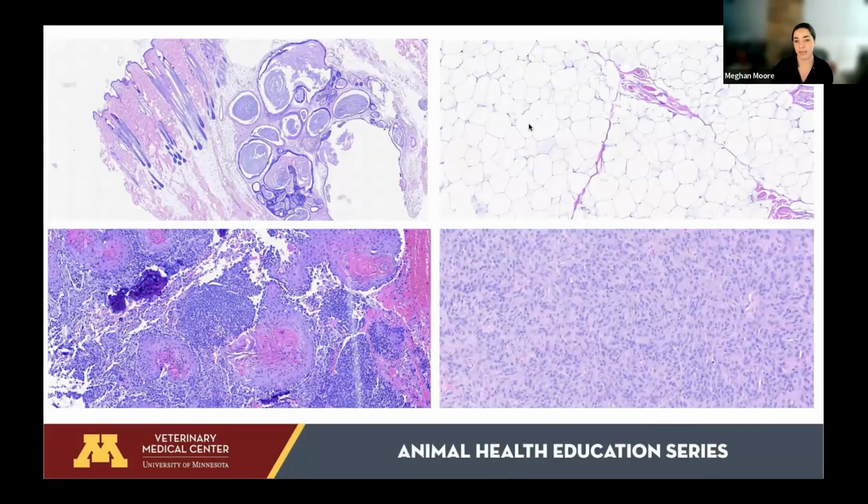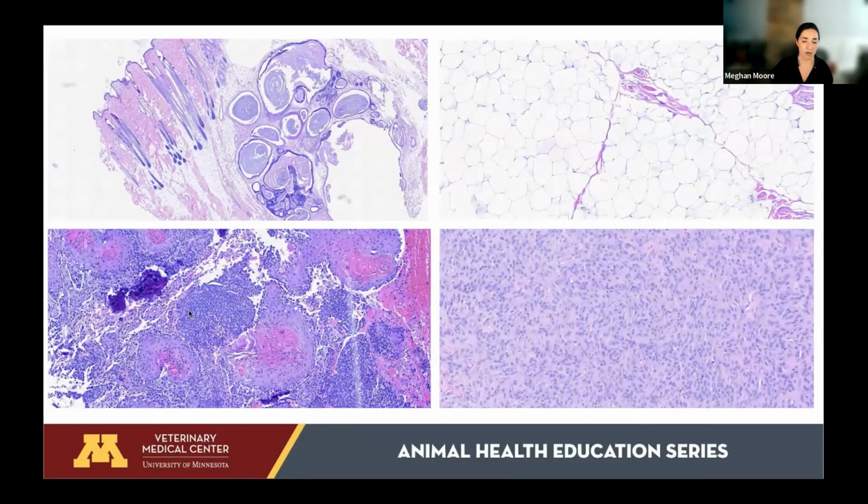You may have heard of lipomas. They are benign fatty tumors, basically a tumor of fat, and all of those round clear cells are actually fat cells. These are quite common, particularly as your dog or cat begins to age. You might feel some soft masses, and those are often lipomas.